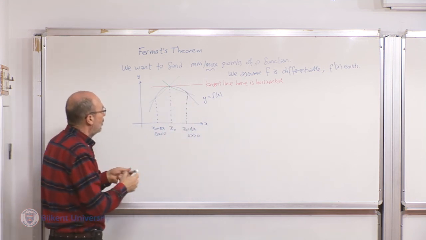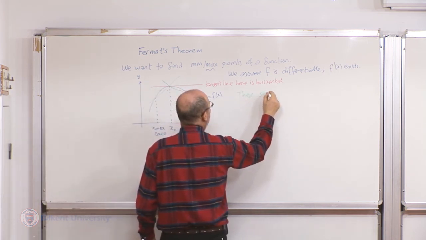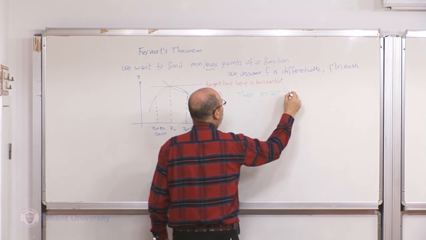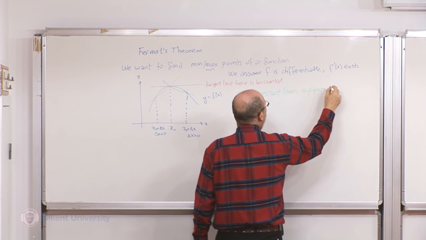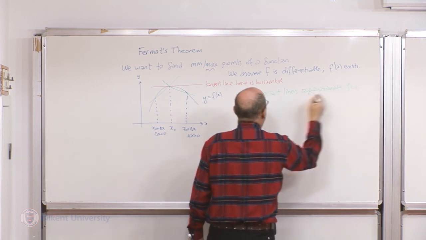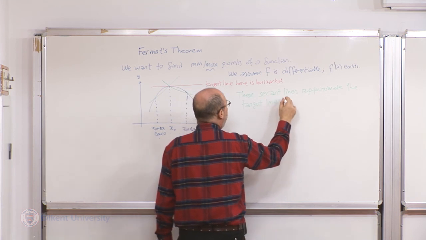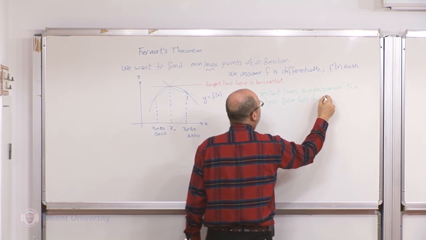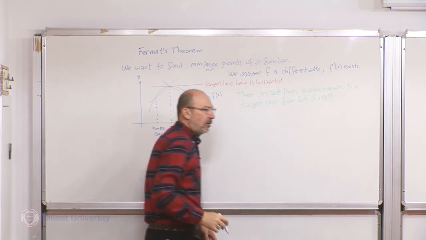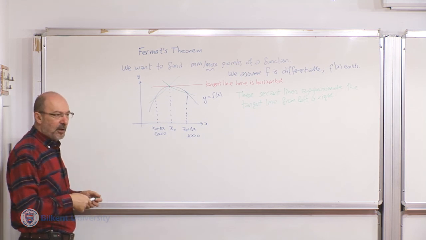So these secant lines approximate the tangent line from left and right. So this is the geometric situation.